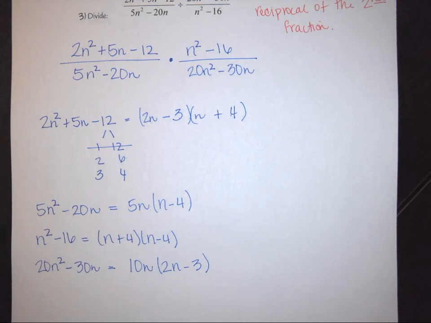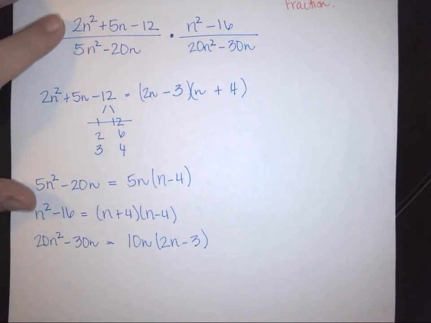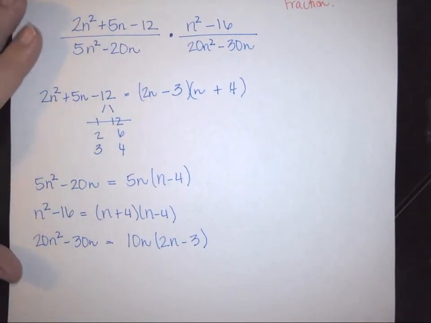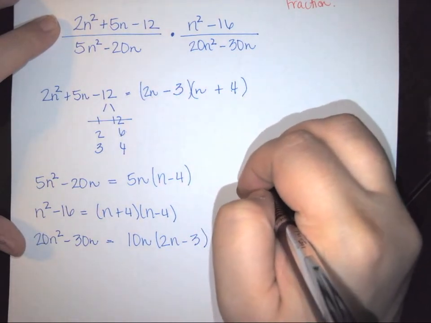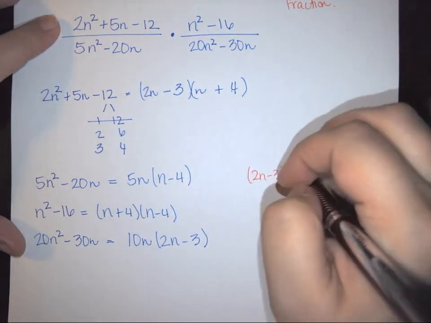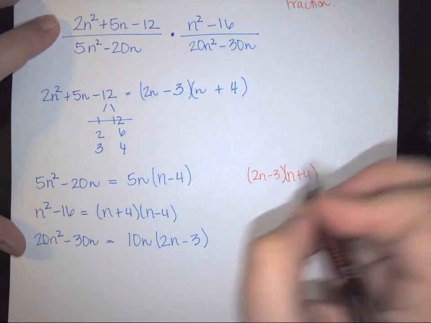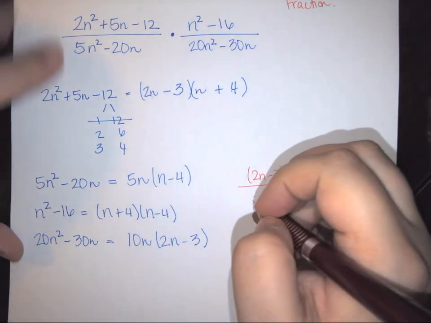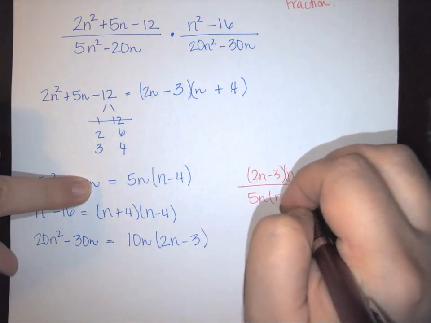So that being said, I can actually put everything back together. And so just like we did before, we're going to put them back where they belong. So we have 2n minus 3 times my n plus 4 goes on top, divided by my 5n times n minus 4.